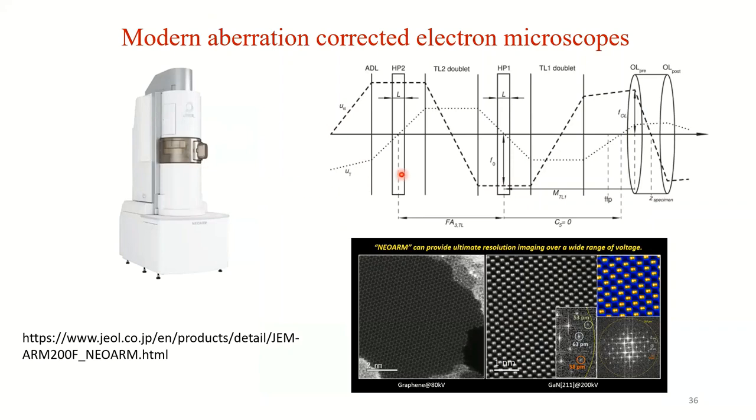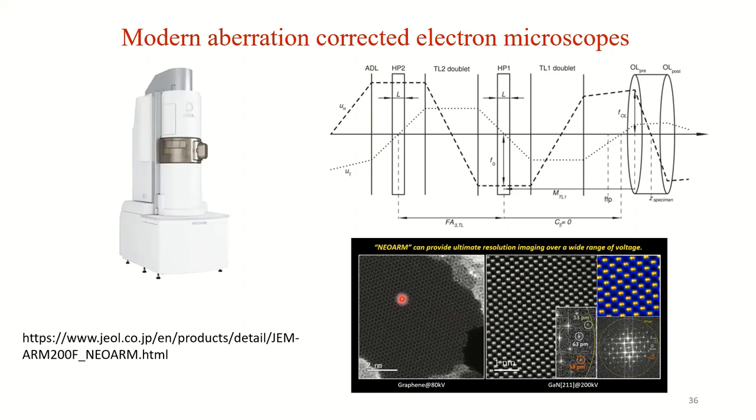So it's an advanced corrector for the scanning transmission electron microscope. This is also using hexapole pieces, but with slight modifications in the optics. And you end up getting a resolution of 0.05 nanometers or 0.5 angstroms. This is the information limit.